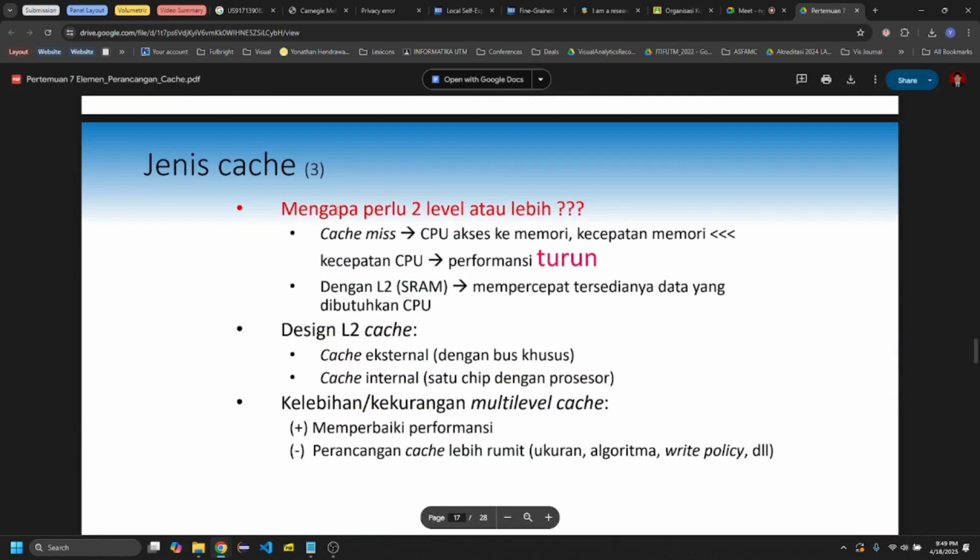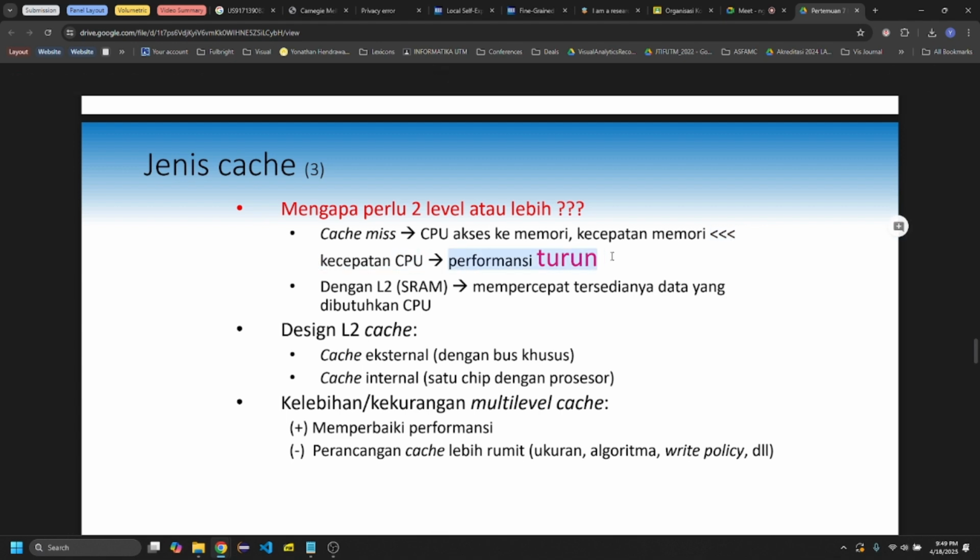Now the question, why do we need two levels or more than that? Because if we have this cache miss condition, then CPU needs to access the main memory, whereas main memory speed is much slower than CPU speed.